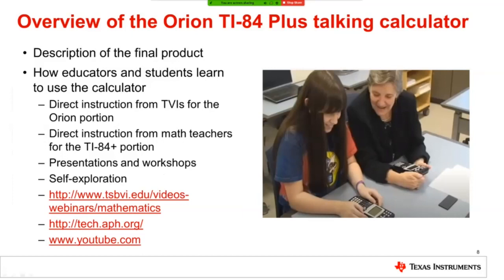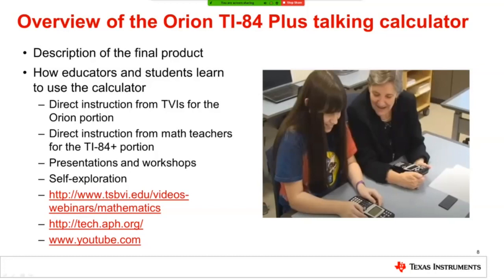And also what folks wanted to know was, how are educators and students learning to use this calculator? Well, let me tell you, there's a big difference with the audio graphing calculator. I guess it was a good thing for me, but basically a lot of people didn't know how to use that. So I was running all over the country trying to train people on it because it looked so different.